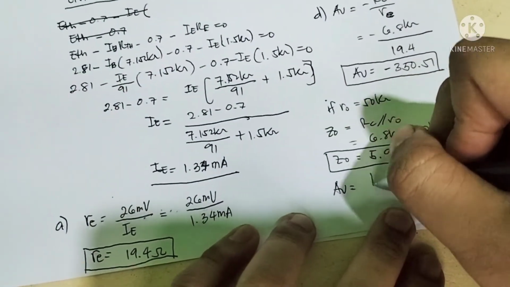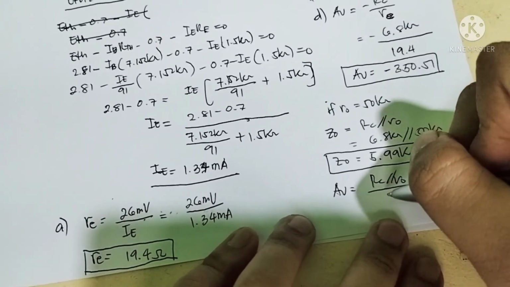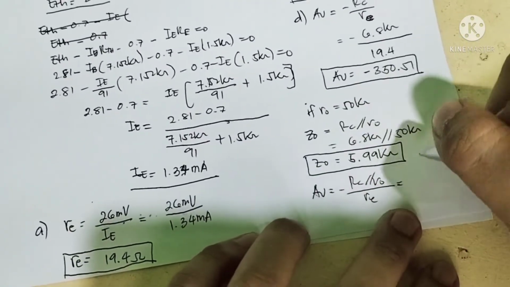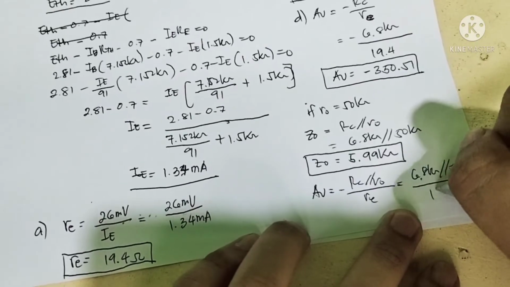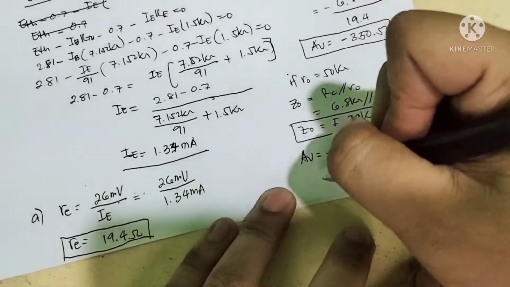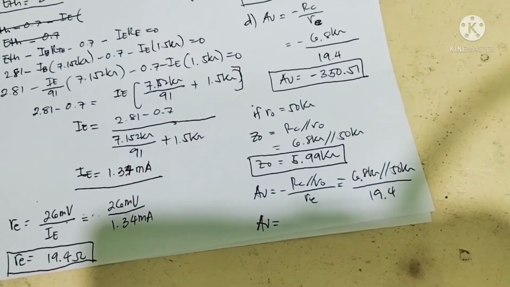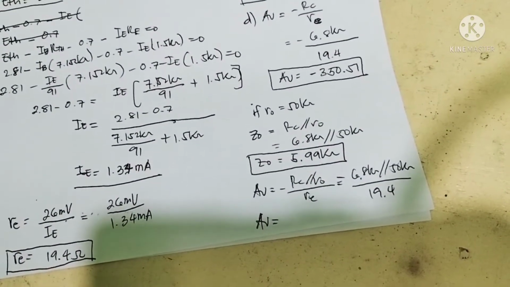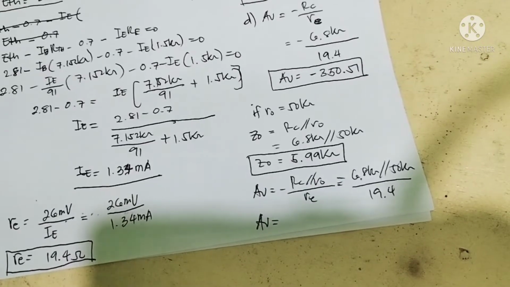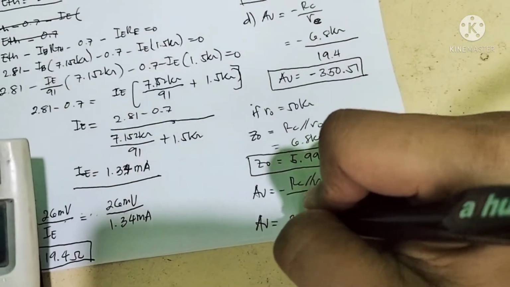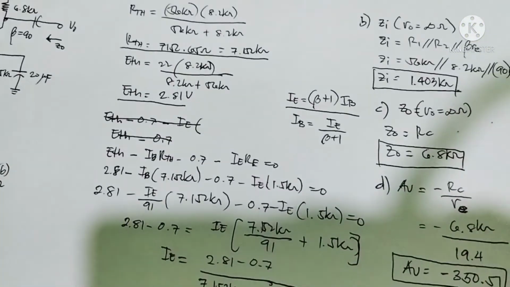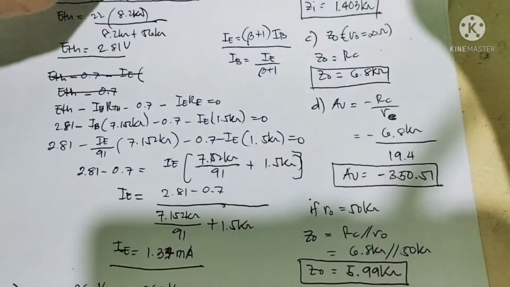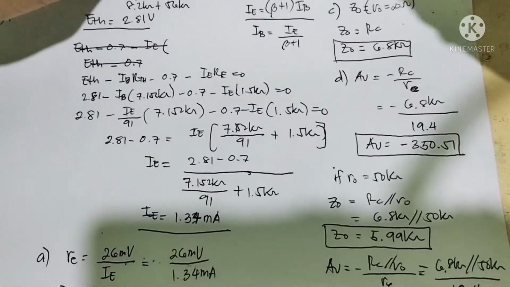This is RC parallel with RO divided by r sub e. So this is negative 6.8K parallel with 50K divided by 19.4. So the voltage gain is negative 308.8.